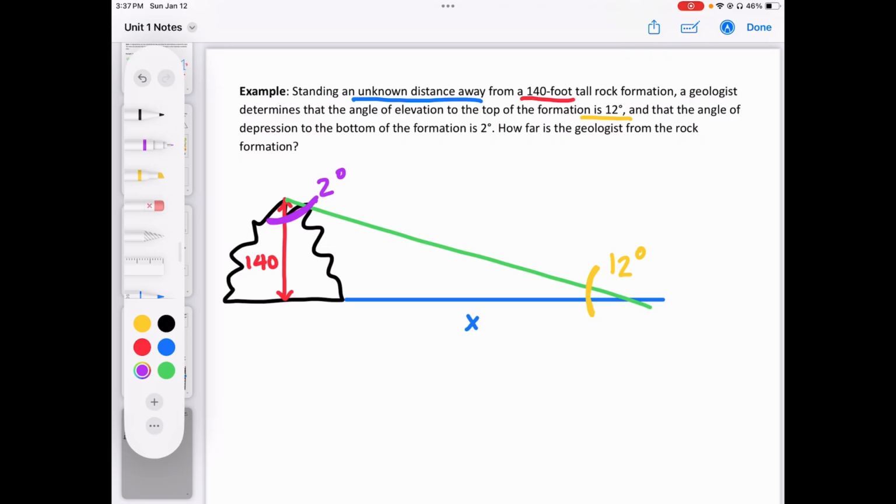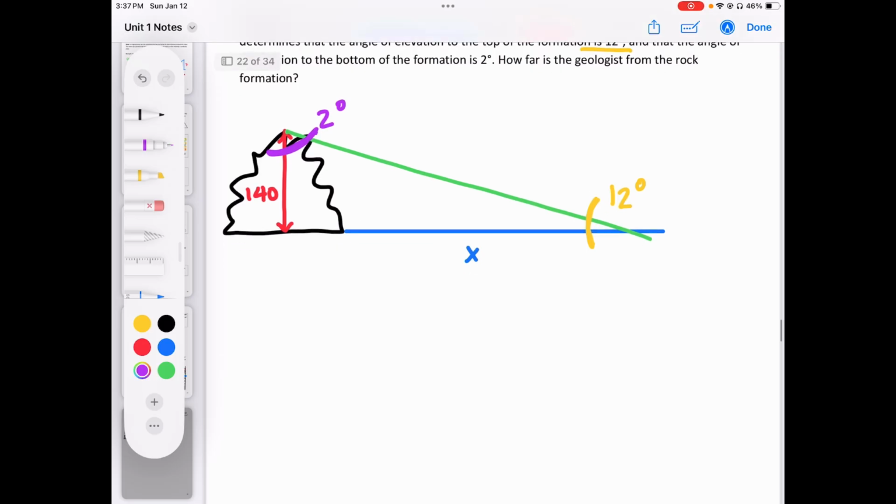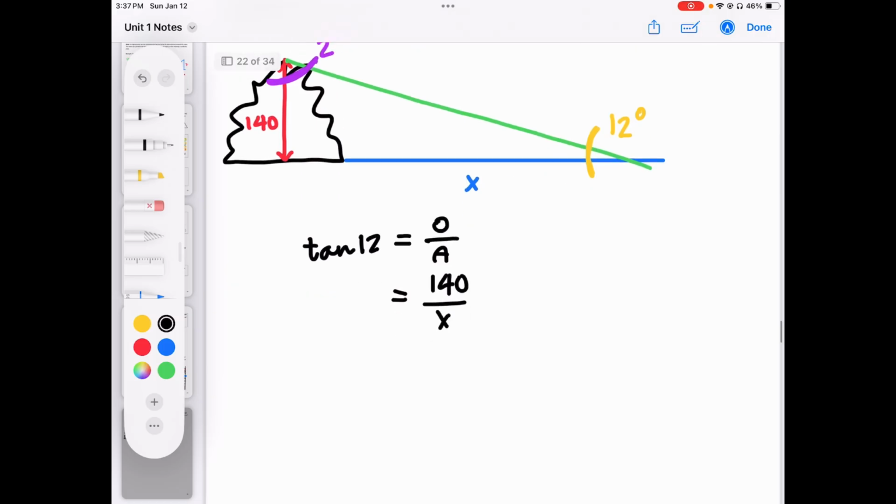All right. So we have two options. We have two angles to work with. It does not matter which one you choose. I'm just going to work with 12. I see that I have opposite of 12 and adjacent to 12, which suggests I'm going to use tangent. So opposite over adjacent is 140 over x.